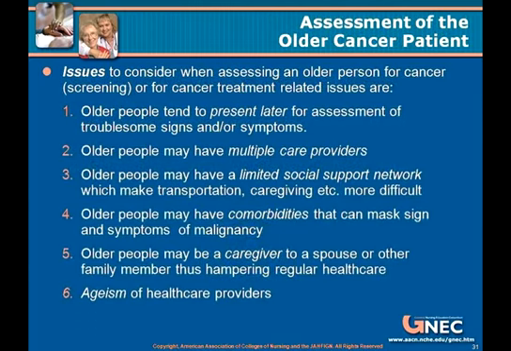So when we're thinking about doing assessment of older adults with cancer, what are some of the issues that we should probably consider? Well, it's important to know some tendencies of cancer treatment. One is older patients tend to present later for assessment of their disease. Sometimes people think, oh, that pain is just related to aging, I'm just a little slower, I just feel a little more fatigued.